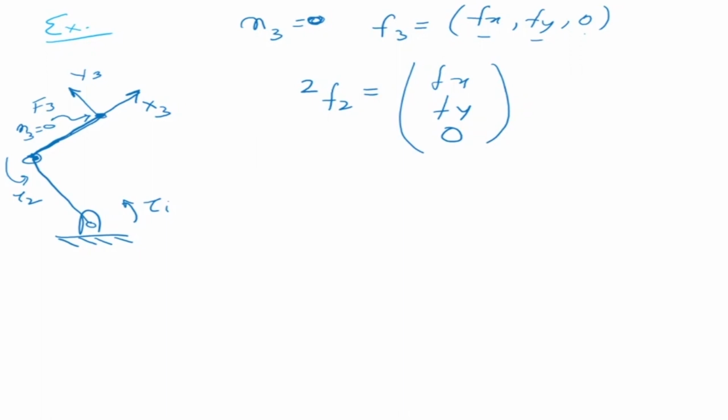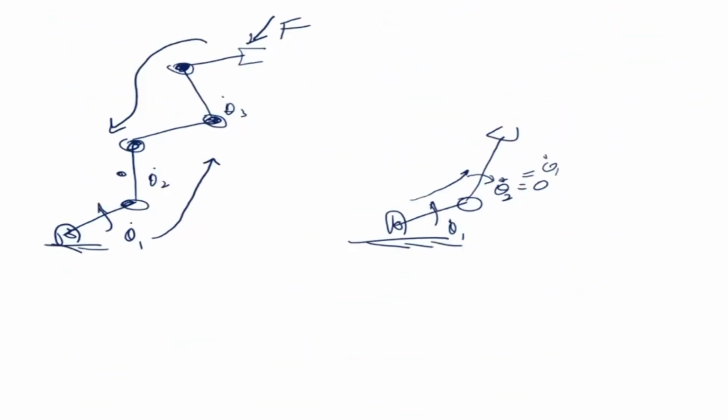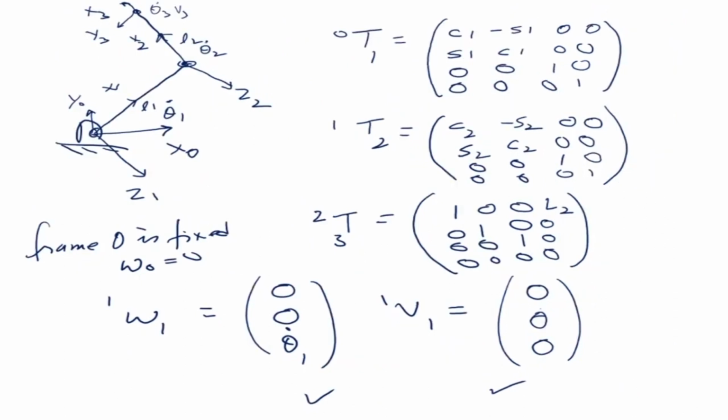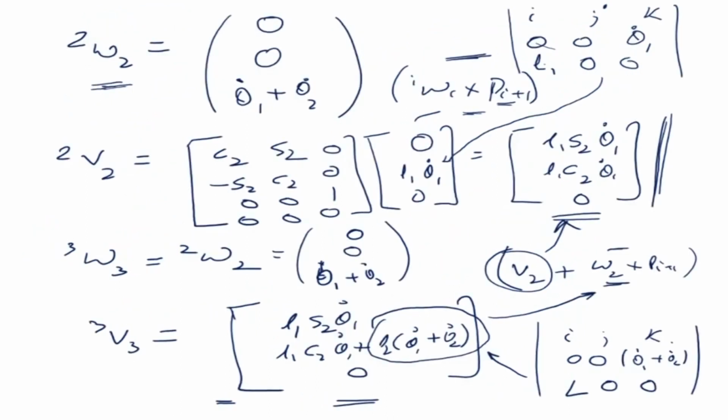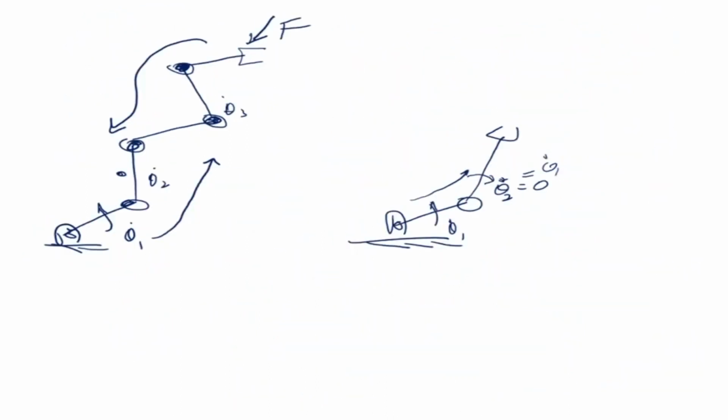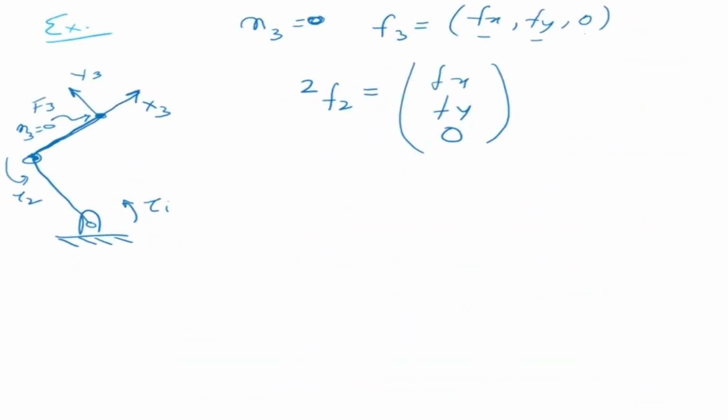This is something we saw in the previous example also: in a link of this nature, the x's are in the same direction, x2 and x3 are in the same direction, the z's are parallel, and this is a rigid body, so there is no relative motion between frame 3 and frame 2. So similarly here it is the same, and we simply write F2 is equal to Fx, Fy and 0.